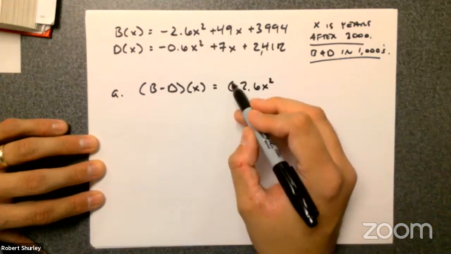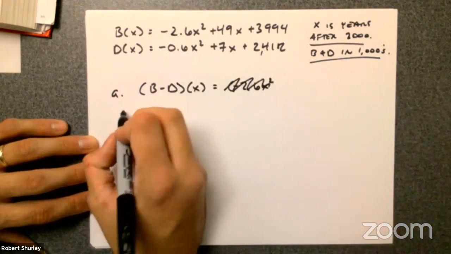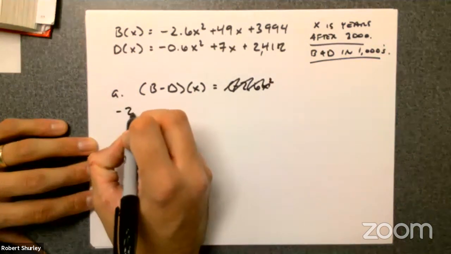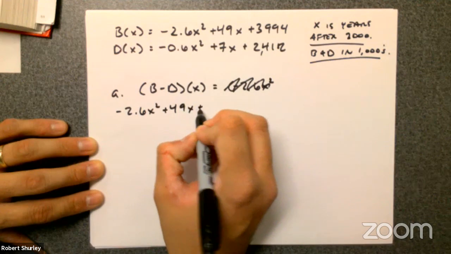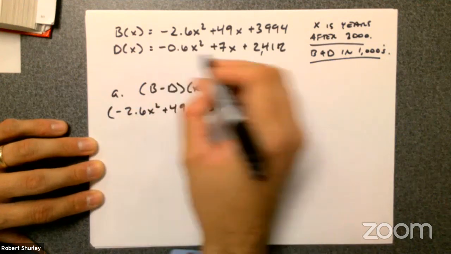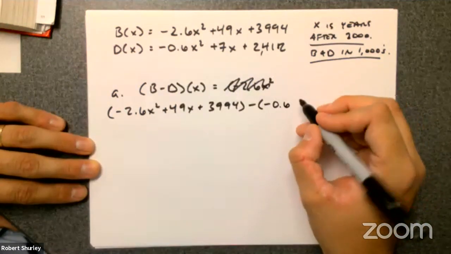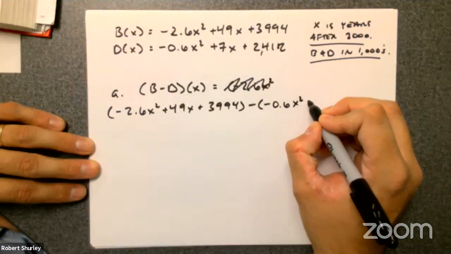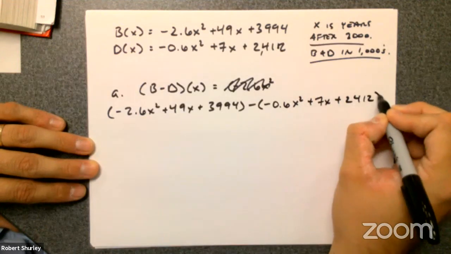I'm going to write this underneath because it's going to go a long way. It's -2.6x squared plus 49x plus 3994, minus, now I'm going to subtract off the D of x, 0.6x squared plus 7x plus 2412.